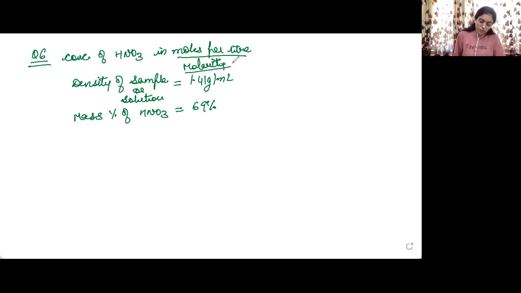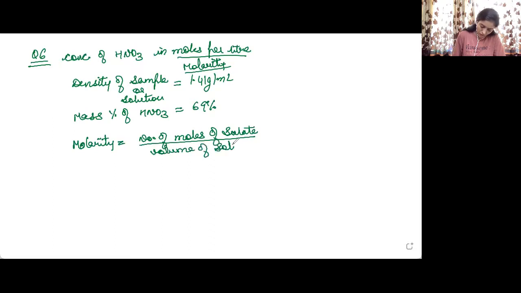So molarity is equal to number of moles of solute upon volume of solution in ml, multiplied by 1000. If we are considering volume in ml, then we multiply it by 1000.